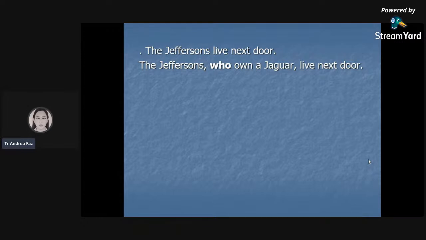Los apósitos son las partes de las oraciones que nos proveen de información extra. So in this case, that's why we are adding commas at the beginning and at the end, because we are providing extra information. And if we don't separate it, we're going to have problems differentiating what we are talking about. So it is just to keep an order in the sentence.